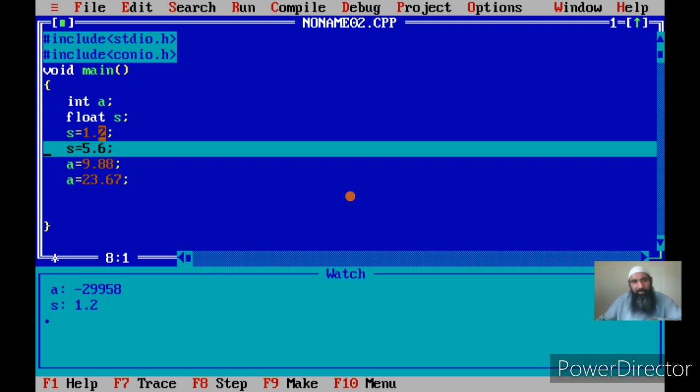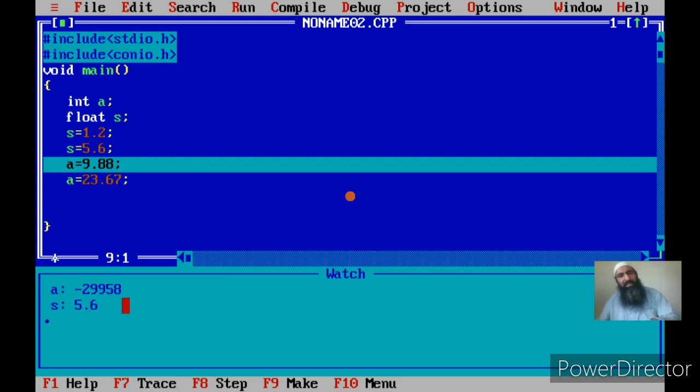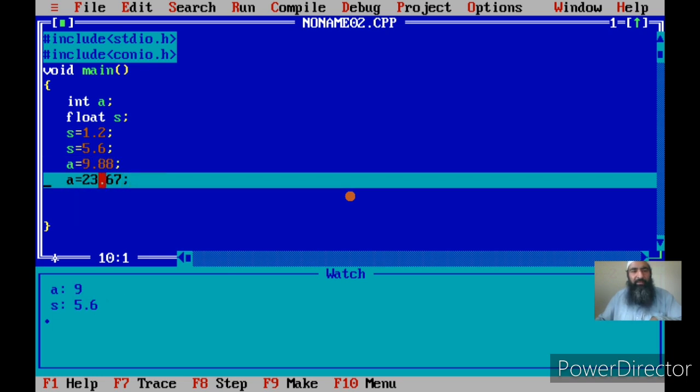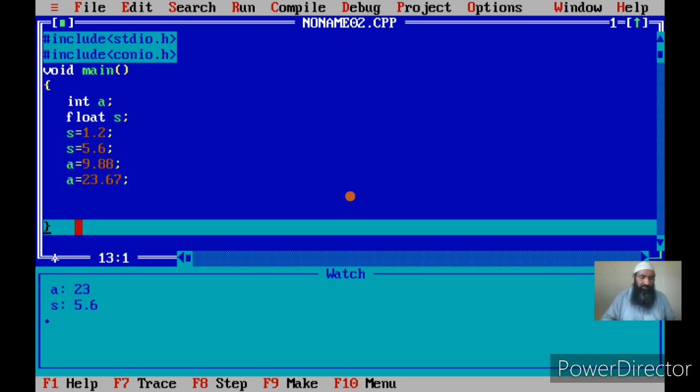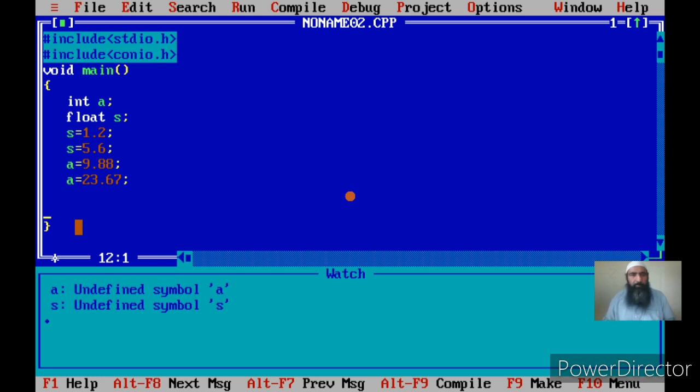So if I store 1.2 in s, since it's a float type, it can store decimal numbers. But if I try to store this number in a, what will happen? It will lose the 0.2 part. Now if I again try to store 5.6 in s, the previous contents will be changed to 5.6. So s has the capacity to hold decimal numbers, but a does not. Truncation takes place. See, again truncation takes place.